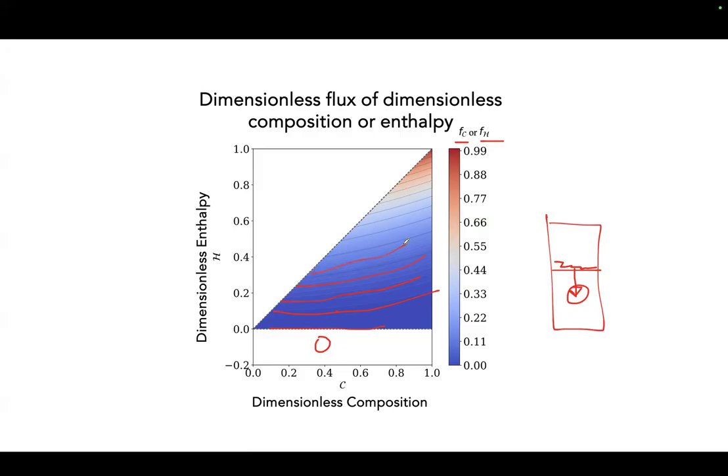And these are lines of constant flux, and the flux increases as you go up and up and up because the liquid water content is increasing as you go from this point of no water to the all-water region. So thinking about this, the big picture takeaway is that from composition and enthalpy, we can make all the state variables.